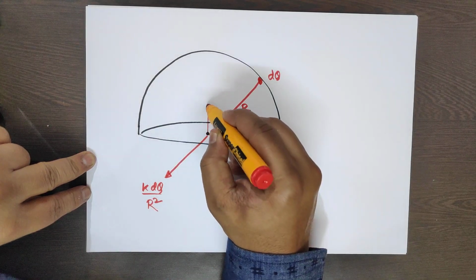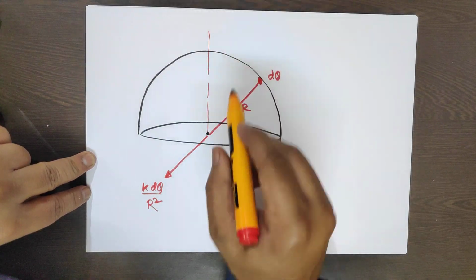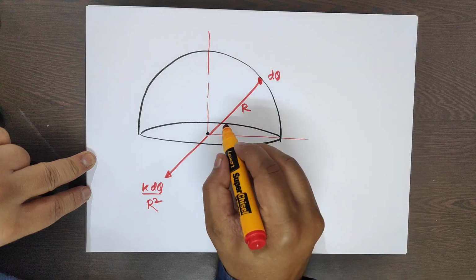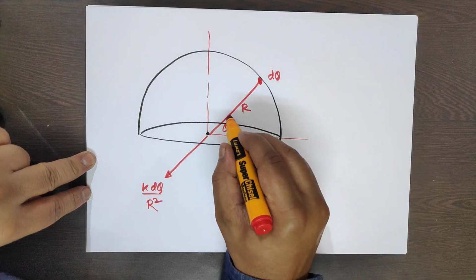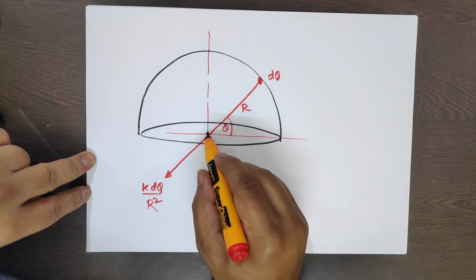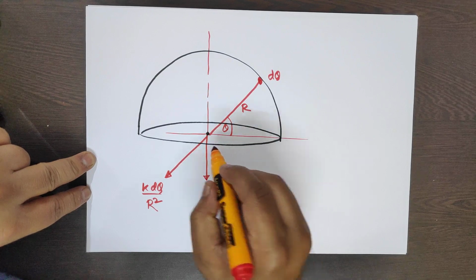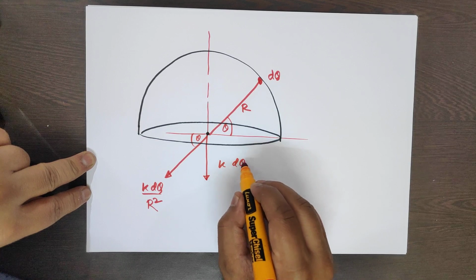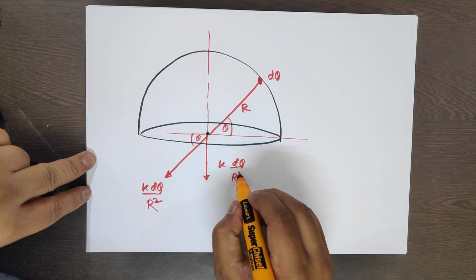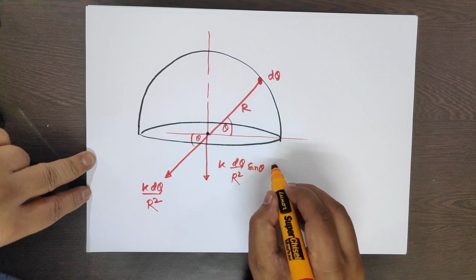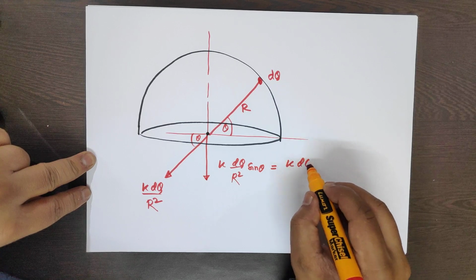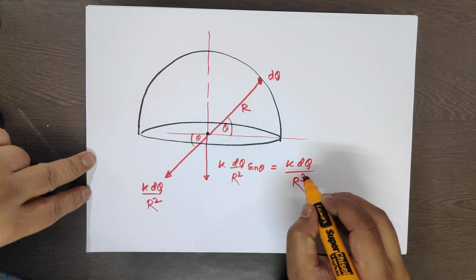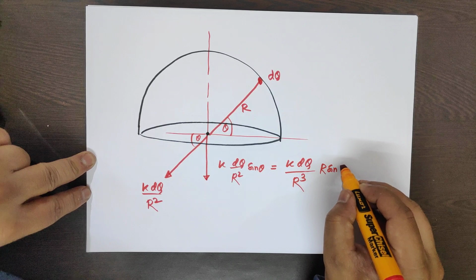Okay, now let's take this angle theta. Then we are interested in this component of the field, so that's the sin theta component. So k dq by r square times sin theta, that you can write as k dq by r cube multiplied by r sin theta.